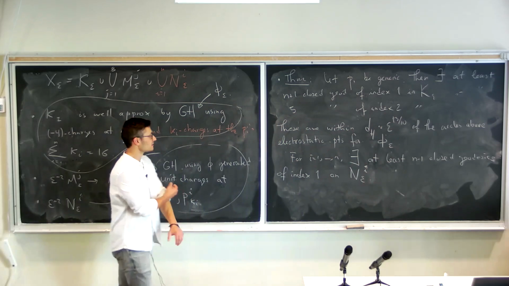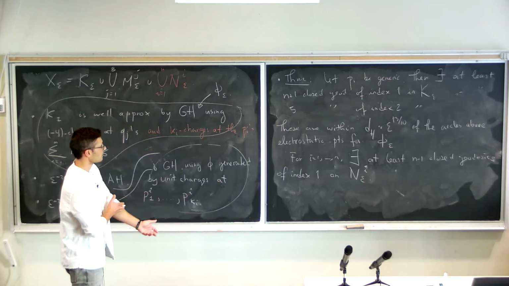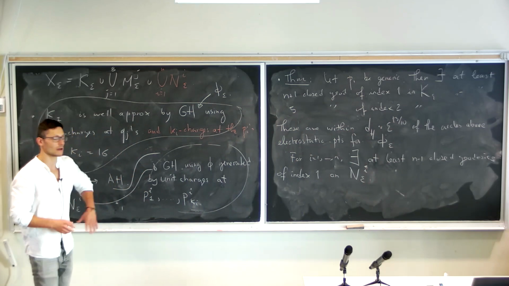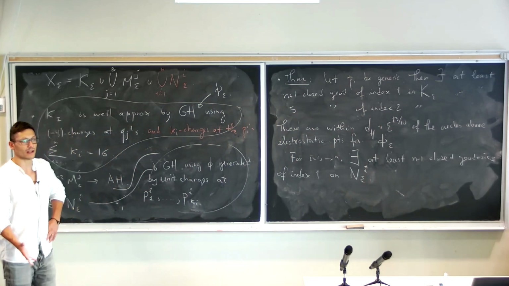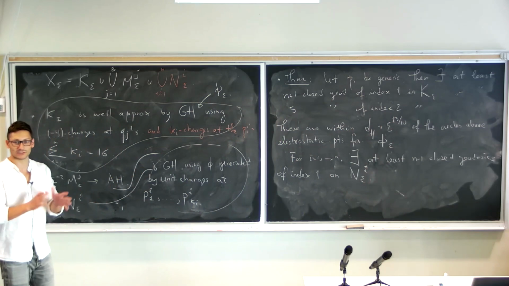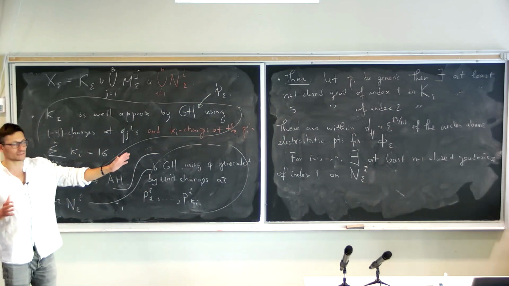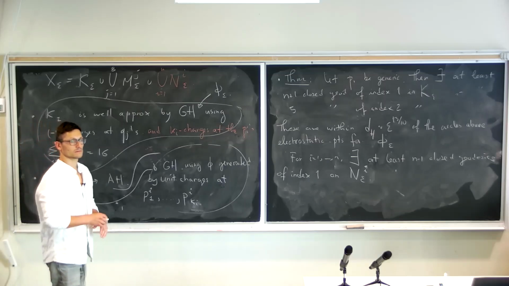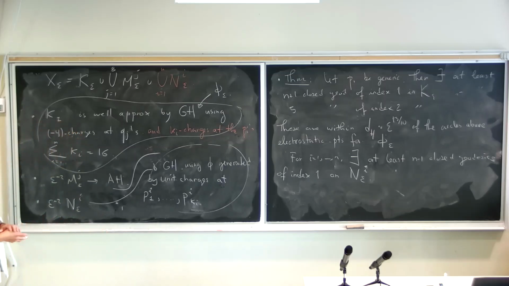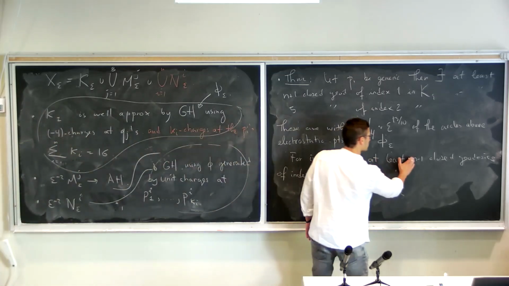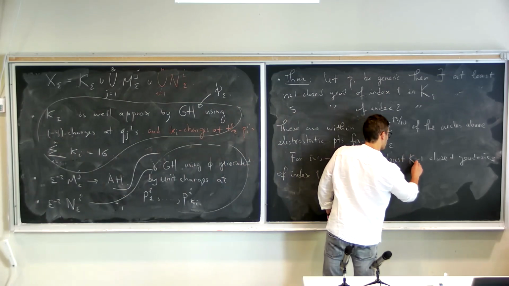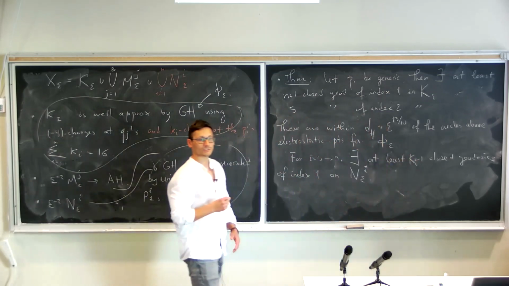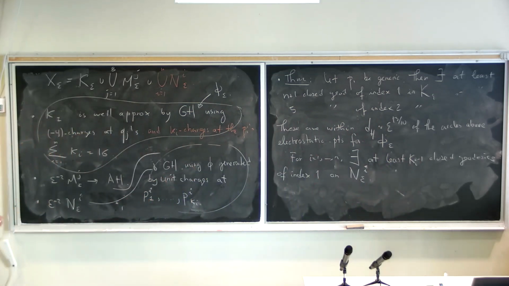Sorry, here it is not N-1, it's K_i minus 1: one less than the charge of that bubble. That's the general result you can prove. So maybe to end, I'll give you a specific example, not in general, where you can do better than the general result.